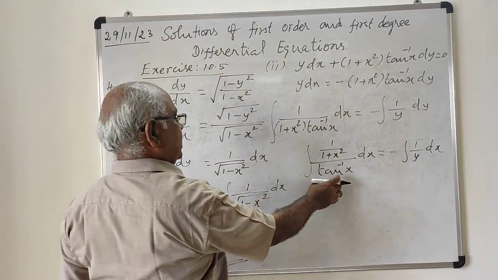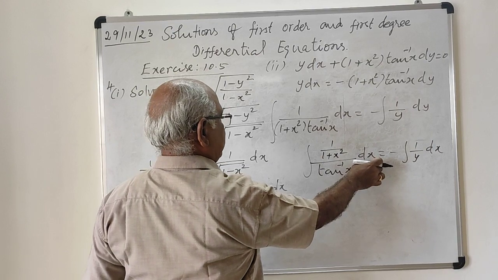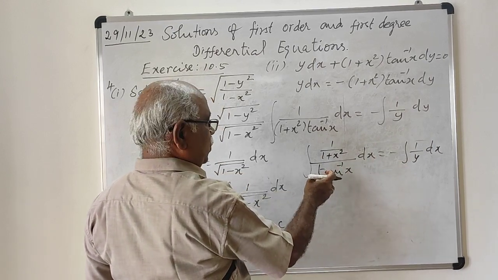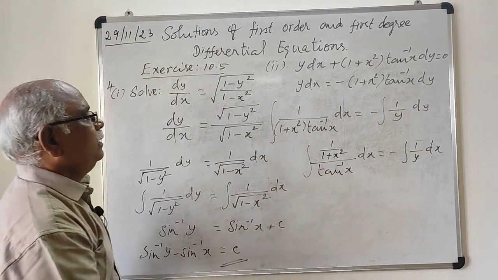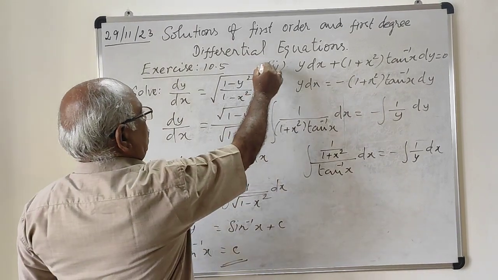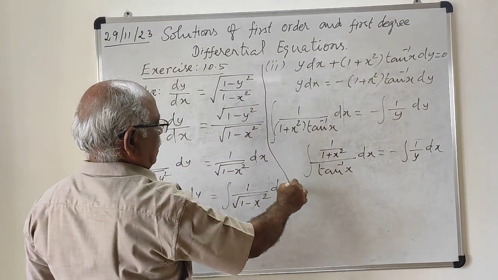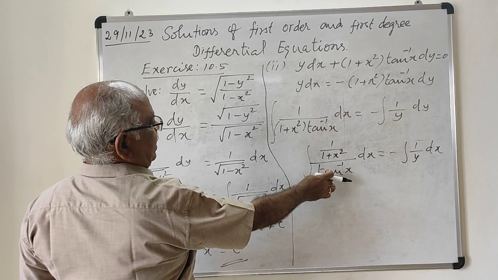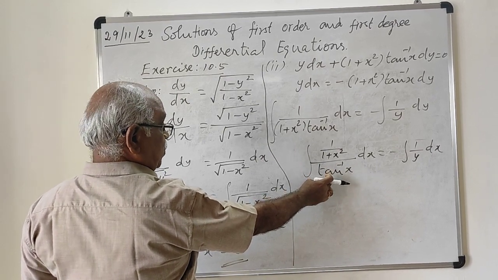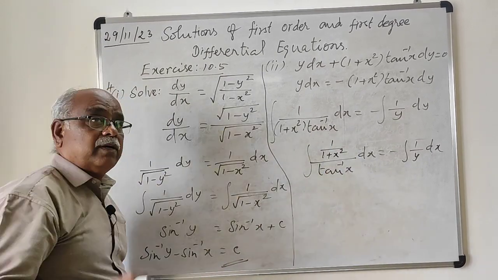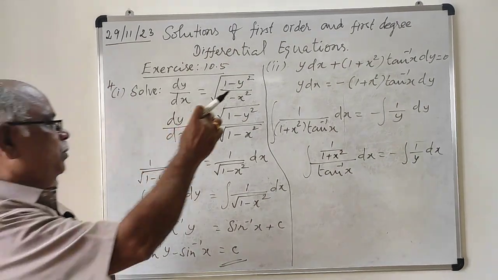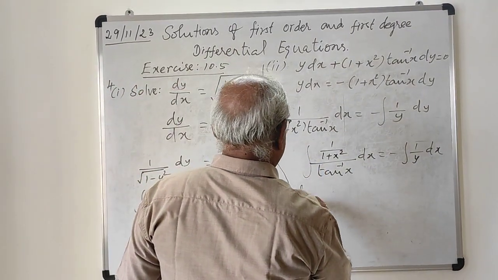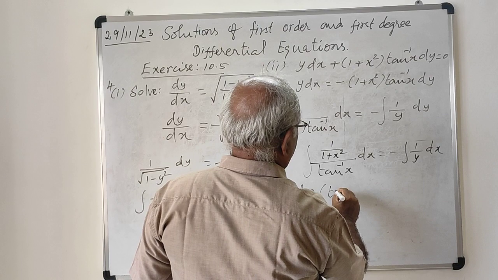So integral of f dash of x by f of x dx, the value is log of the denominator. If you find the derivative of the denominator in the numerator, you will get the value of the integration as log of the denominator.